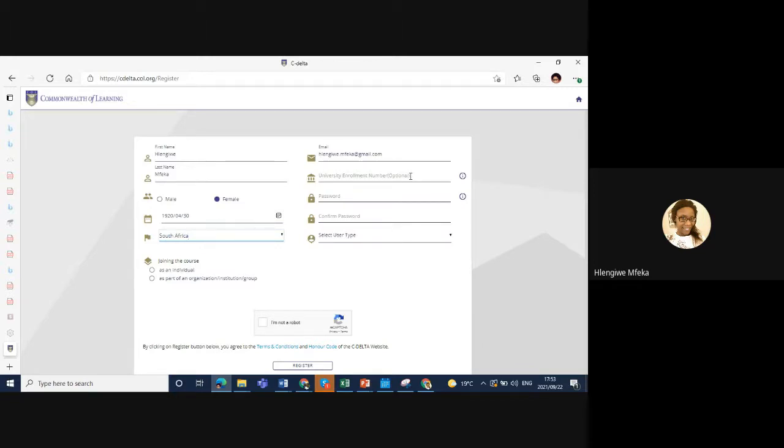Don't enter anything. The password is not requesting the password of your email, but it is asking you to create a password for this platform. The password should have eight characters, a capital letter, a mix of small letters, a symbol, and a number.